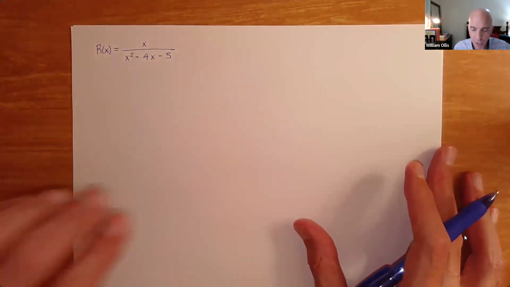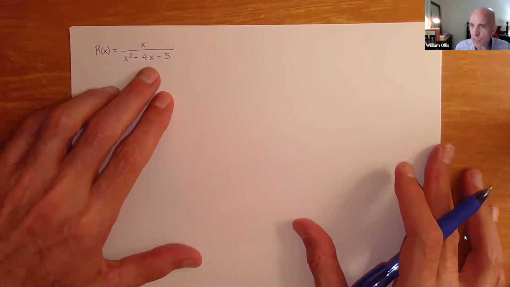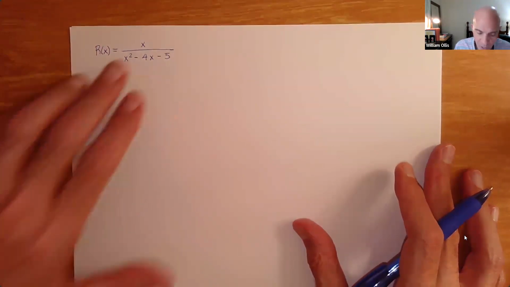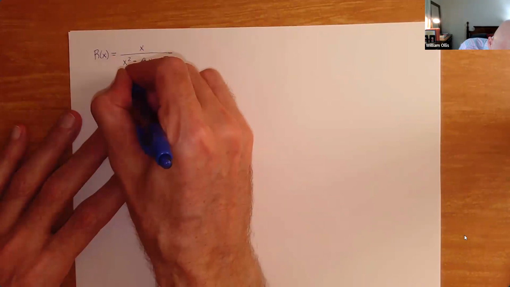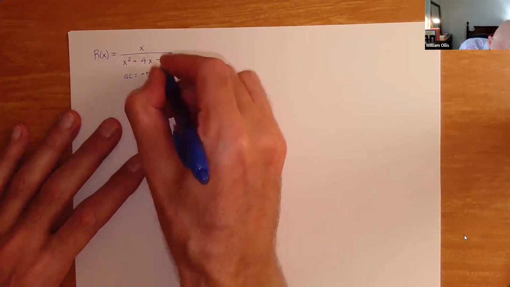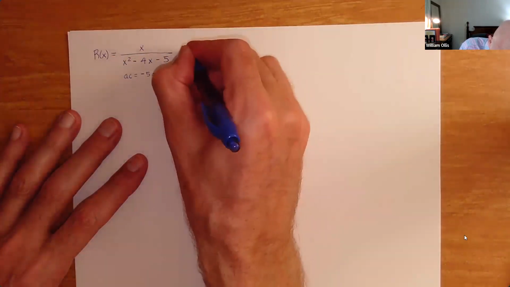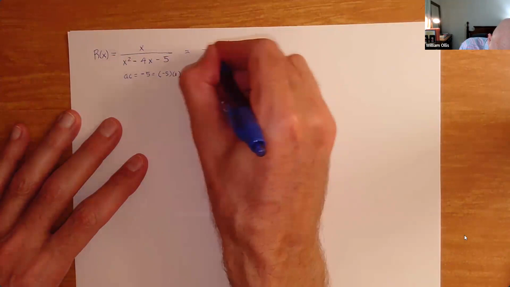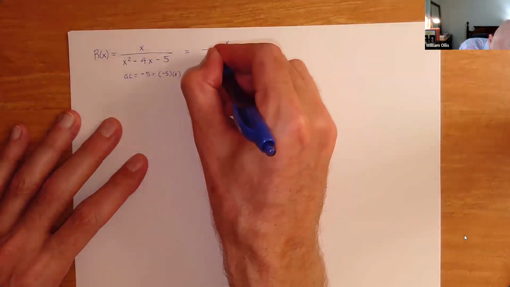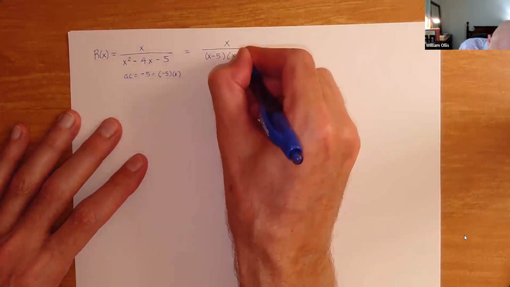Now notice here, just like with the last one, the first thing we want to try to do is look for zeros in the denominator. So we can go ahead and factor. And notice with the AC, we have -5, which is just -5 times 1. That'll give us what we need. So we have x minus 5 times x plus 1.